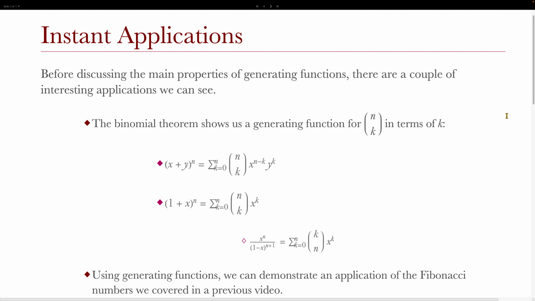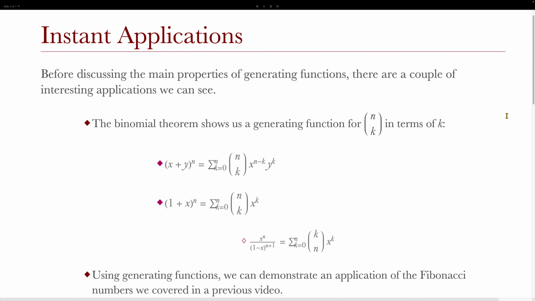According to the binomial theorem, 1 plus x to the power of n is equal to the sum from k equals 0 to k equals n of the binomial coefficient of n, k times x to the power of k, making 1 plus x to the power of n a generating function for the binomial coefficient of n, k.